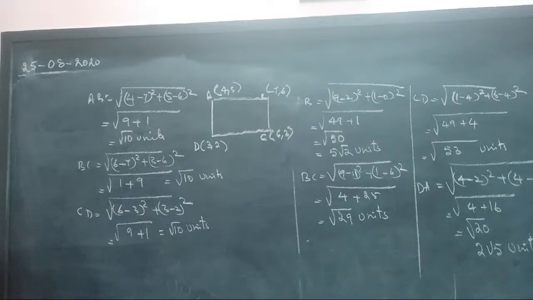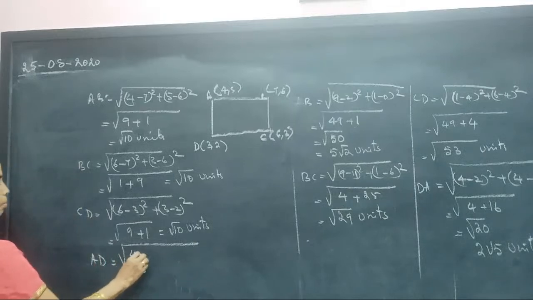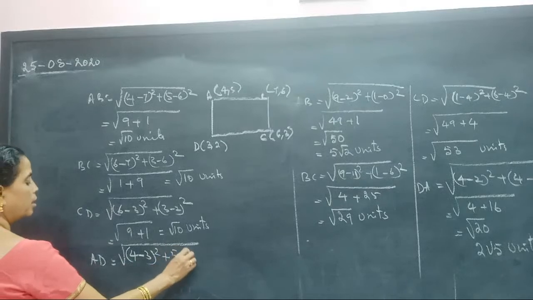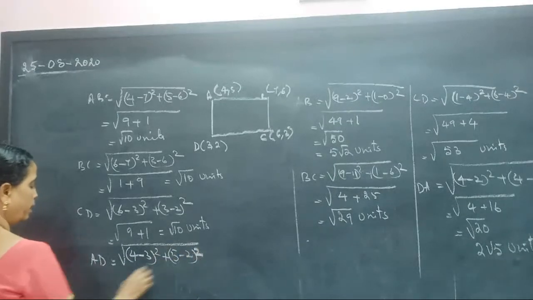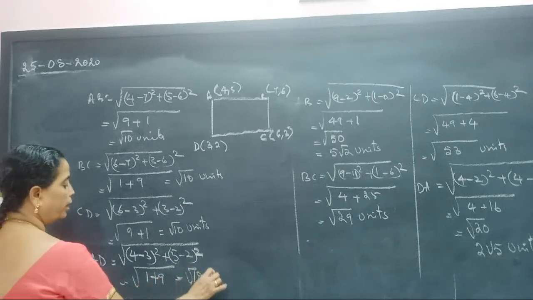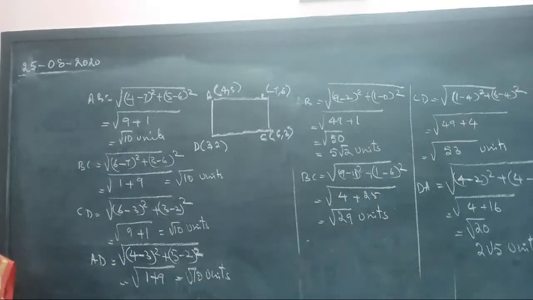We have to try the last part, AD. It is also root of (4 minus 3) whole square plus (5 minus 2) whole square equals root of 1 plus 9, root 10 units. Here opposite sides are equal, adjacent sides are equal.